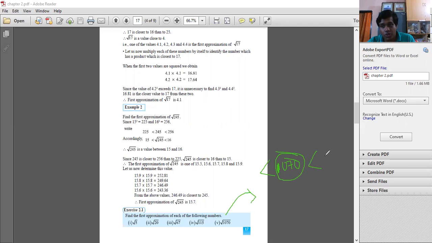So no, it's not closer to that. But 40 into 40 will give you around 1600. That means it's lesser than 40.